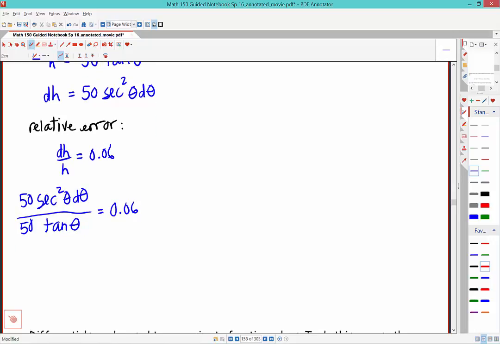So, isolating d theta, the 50s will divide out. We'll have 0.06 times tangent theta over secant squared theta.